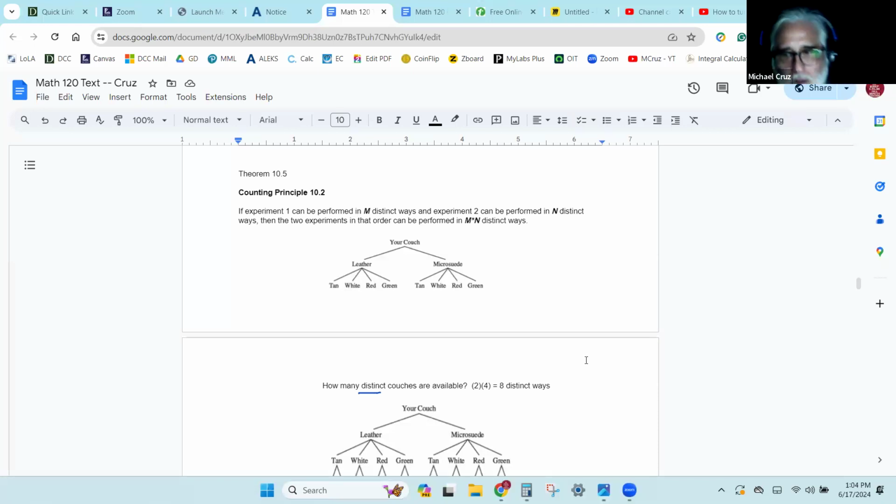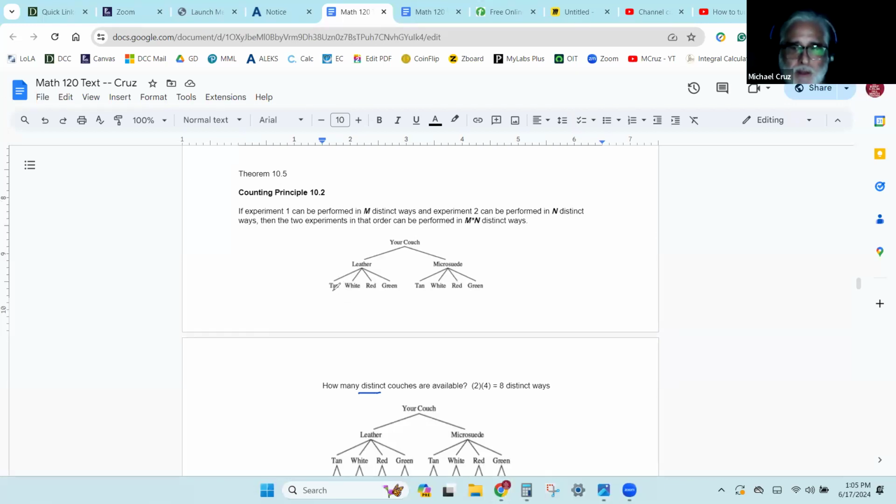So experiment 1 is the leather and micro suede covering on the couch. And then tan, white, red, and green are the 4 different colors that each one is available in. So 2 times 4 is 8 distinct couches.